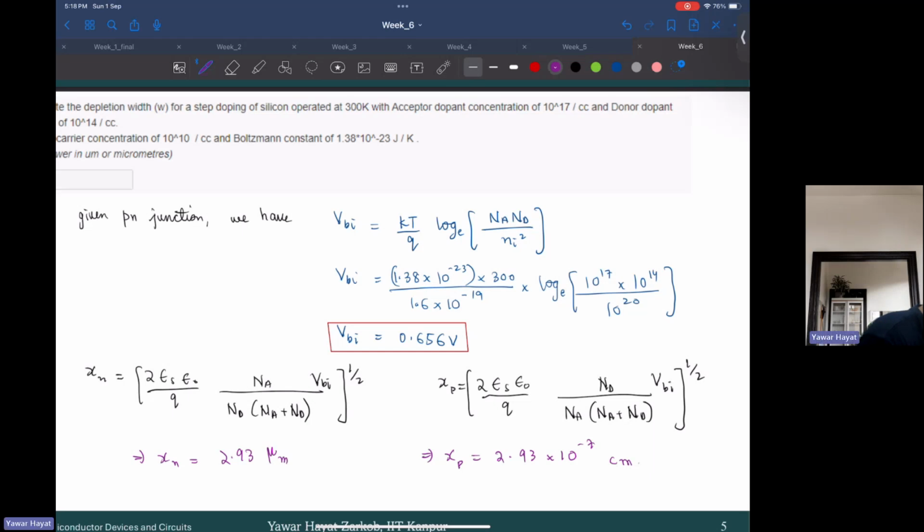In fact, there is no need to use a separate formula for Xp.